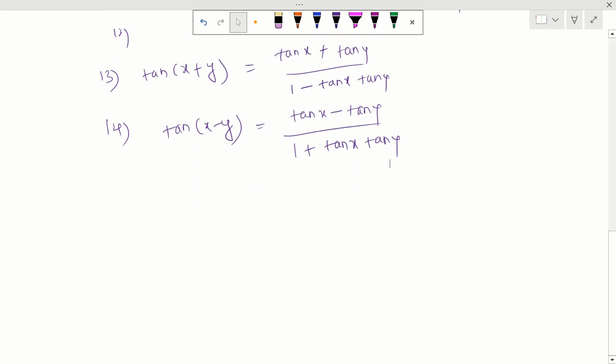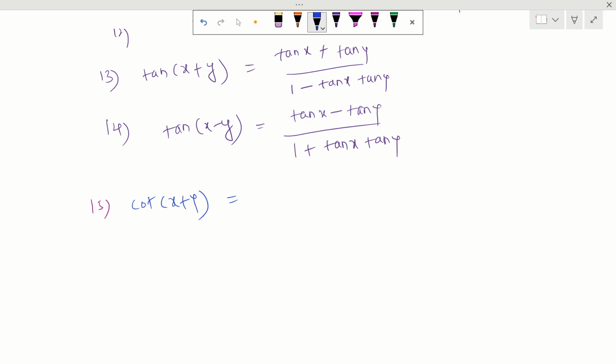Okay, this is all. Now we can write the formula for cot of x plus y. I will take another marker. So cot of x plus y: first this term. Cot means 1 by tan, so we have to write the reverse.